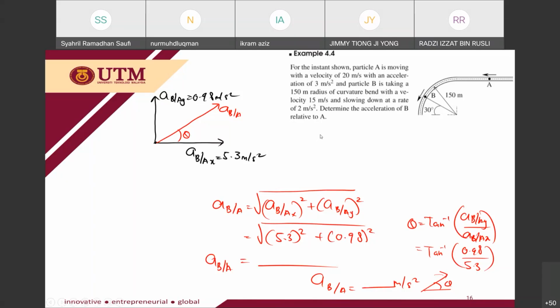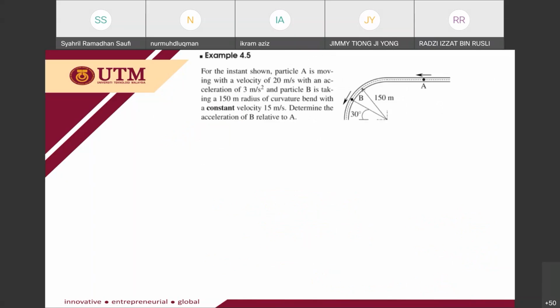Alright, so this is example 4.4. There is example 4.5 here, which is similar to example 4.4, but it's mentioned that you have constant velocity, meaning that particle B is moving with constant velocity.